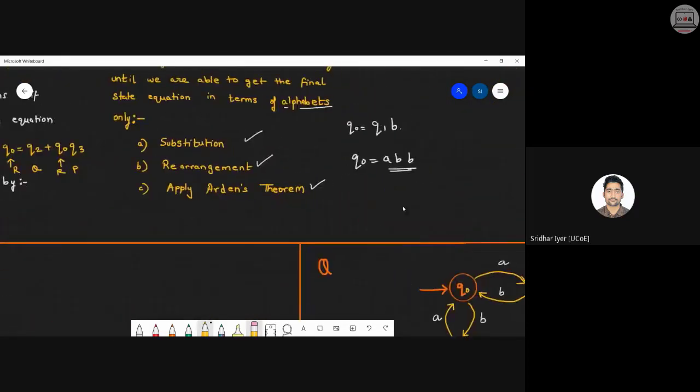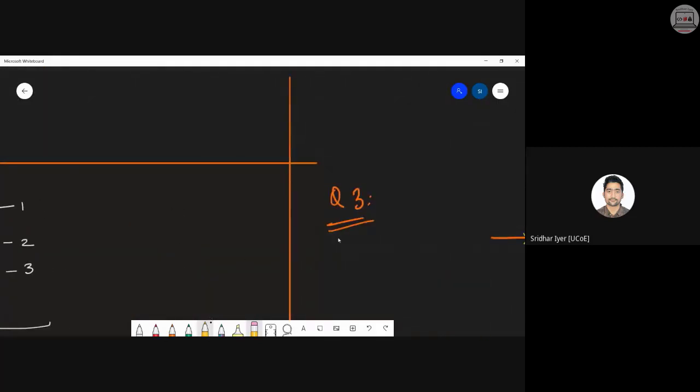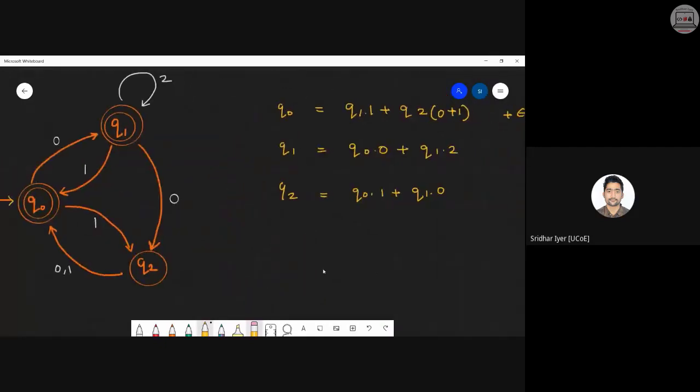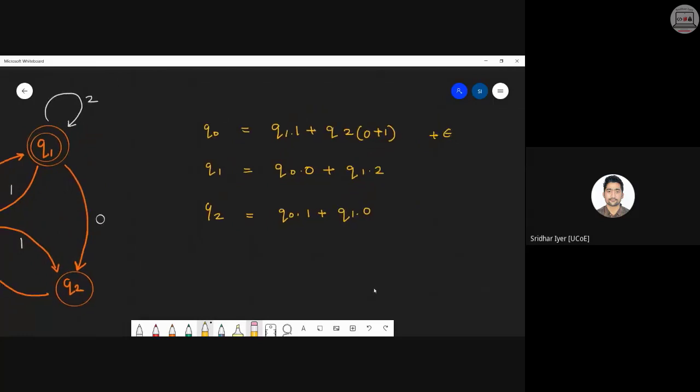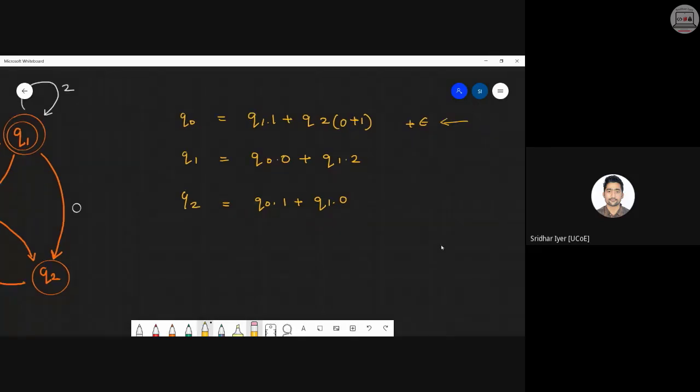So that's why we obviously start with Q0 first and then proceed with Q1 and Q2. Otherwise, if it is given directly in the equation, you can directly convert that into R = Q + RP. But over here, we first try to get rid of this epsilon. That's why we solve Q0 first. Understood? No other reasons.